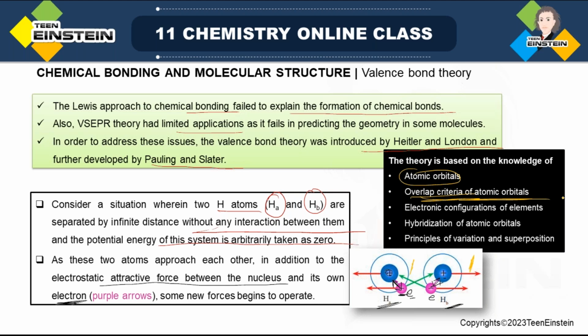In this case we have taken a very simple atom for simplicity, so that you can understand the discussion easily. But for complex, higher atomic number elements, we also have to know how to write the electronic configuration. Remember, in the periodic table chapter, we have already seen this. And then hybridization of atomic orbitals, which is something new that we'll also have to discuss. The last point mentioned is the principles of variation and superposition.